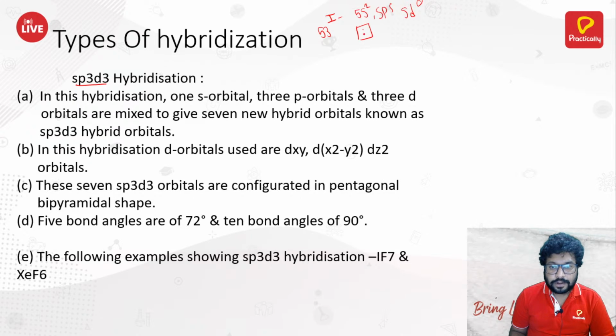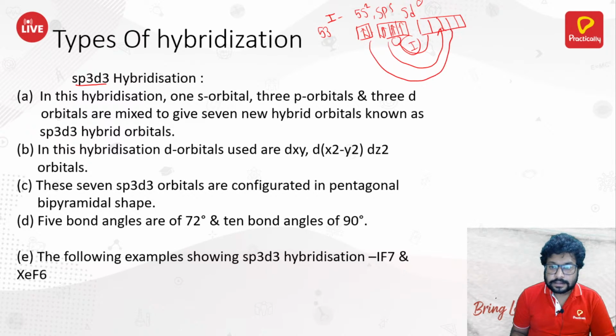So 2 electrons in s orbital, 5 electrons in p orbital, 0 electrons in d orbital. Okay, so in the first excited state, this gets promoted first. Second excited state, this gets promoted. Third excited state, this gets promoted.